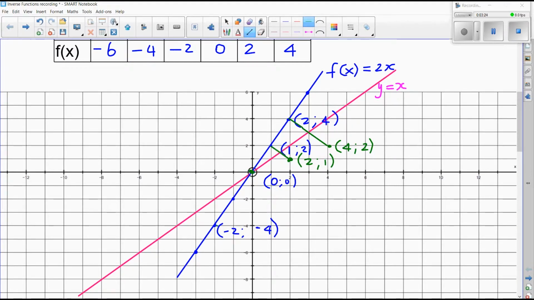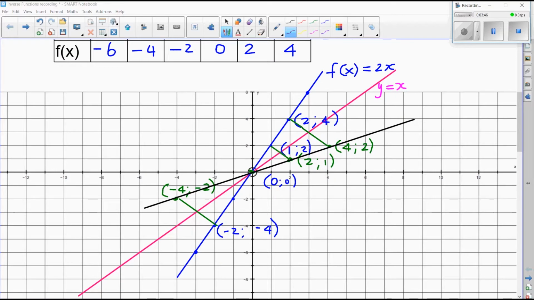If we draw a pathway perpendicular to the line y equals x, we see that the image now lies at x equals negative 4 and y is negative 2. So let's join the green dots. When I join the points of the images, I get the inverse of f of x, and that is the black line that you see.